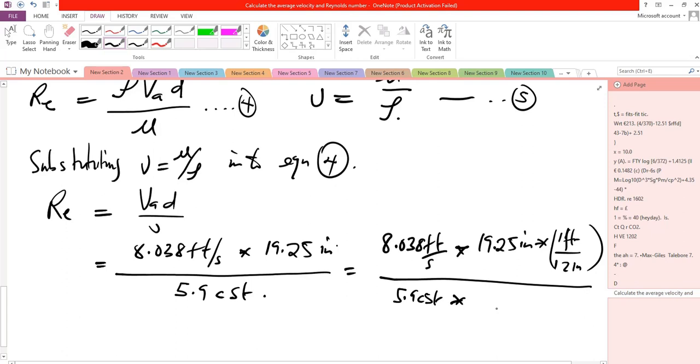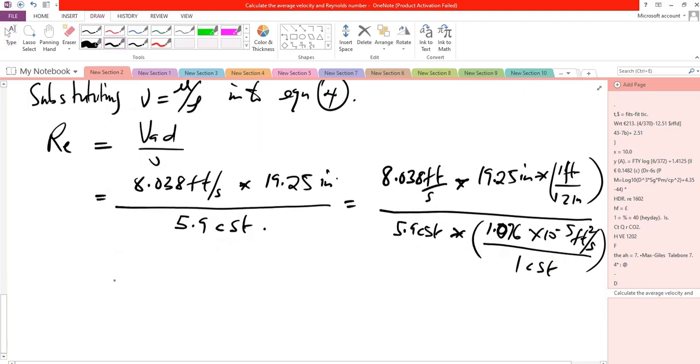Now we need to change this into feet square per second. So 1 centistoke is equal to 1.076 times 10 raised to power minus 5 feet square per second. So the centistoke will cancel out, and we are left with feet square per second, so it will be a non-dimensional unit.